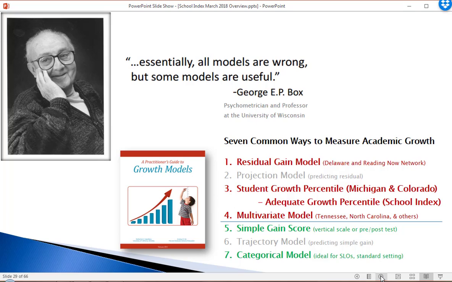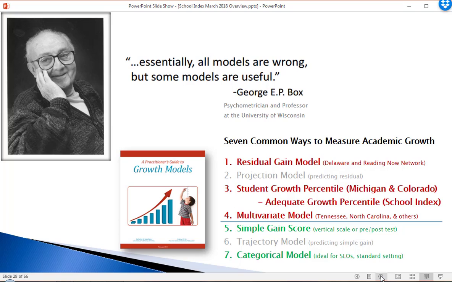A residual gain model is used in Delaware and with the Reading Now network. Student growth percentiles originated in Colorado for educator evaluations and have been used in Michigan. What Michigan did was combine the student growth percentile with a benchmark to say, was that growth percentile adequate for you to reach or maintain proficiency?